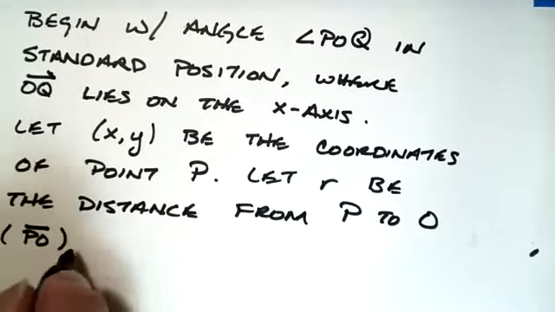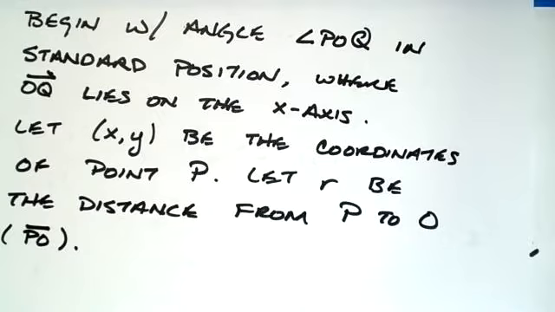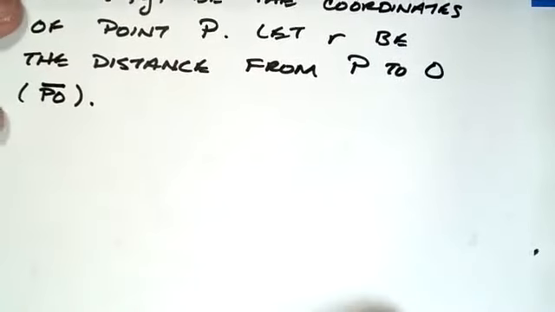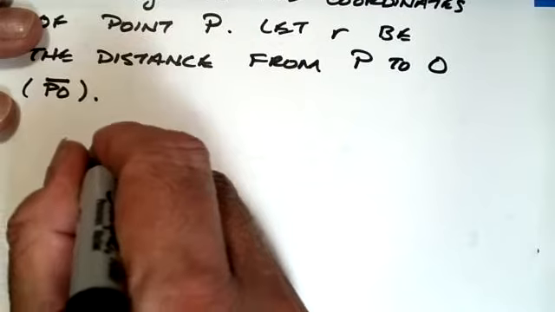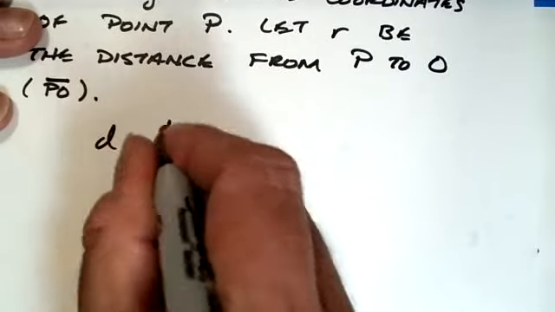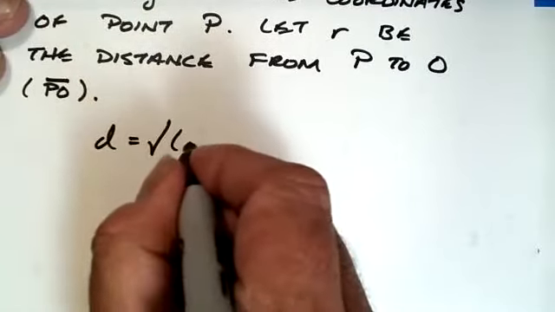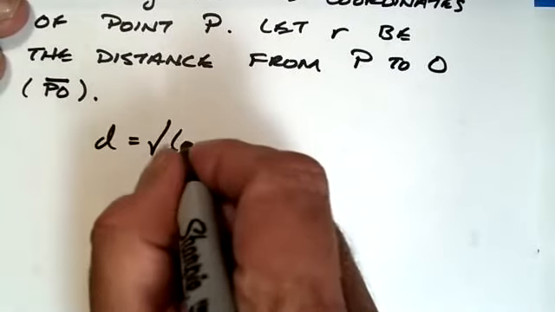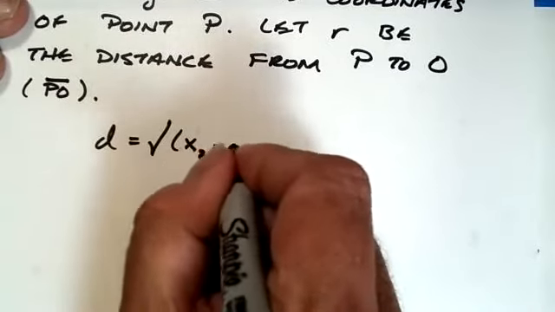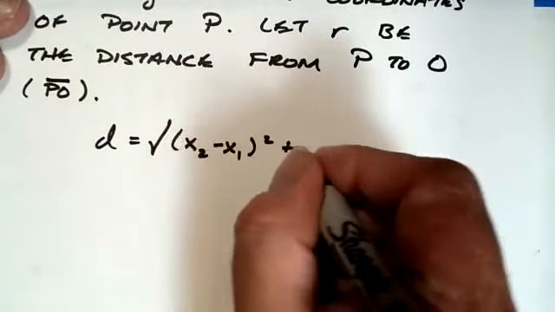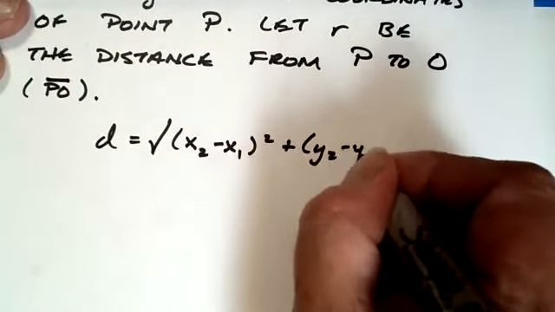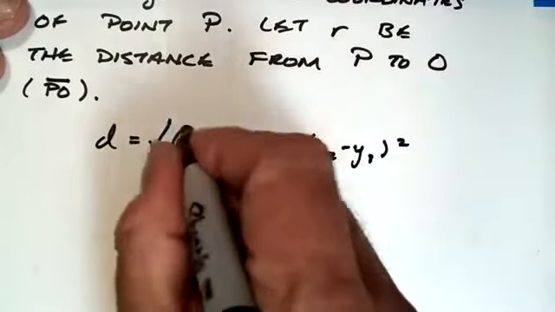If you recall from college algebra, you used what was called the distance formula. And the way that the distance formula worked, and I'm just going to go ahead and write it here, recall that the distance between any 2 points, let's say point 1 and point 2, is the difference in their x values squared plus the difference in their y values squared, and then you take the square root.